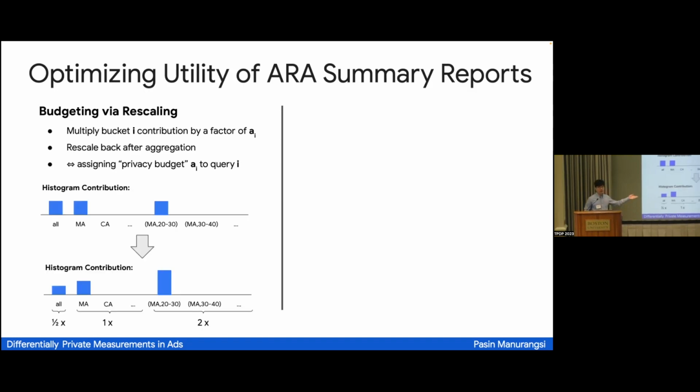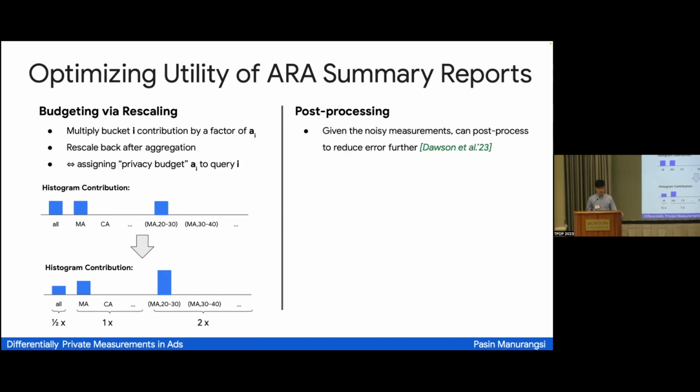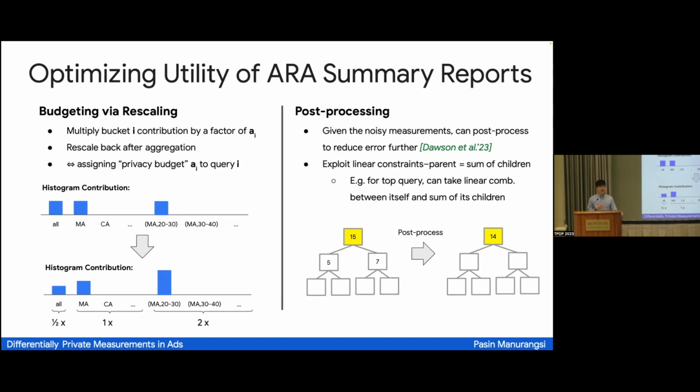Yeah, for example, here I could rescale the smaller queries more if I want to give more budget to them. And of course, you can also do post-processing here as well. Like if your queries have certain linear constraints between them, then you can post-process and get better accuracy.